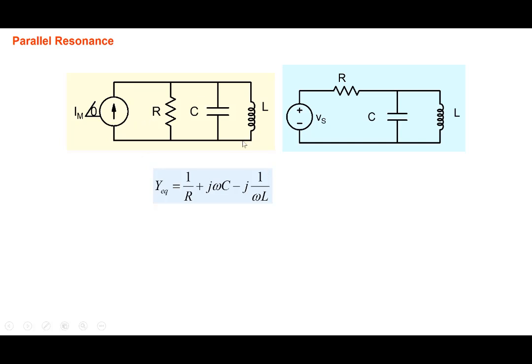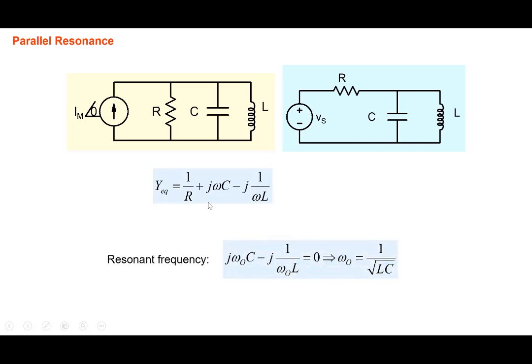So we can write the admittance of this particular part: these are in parallel, so 1 over R, plus j omega C, plus 1 over j omega L, which becomes minus j over omega L. We note that the impedance of this will be maximum, or the admittance will be minimum, when I make the imaginary part equal to 0.